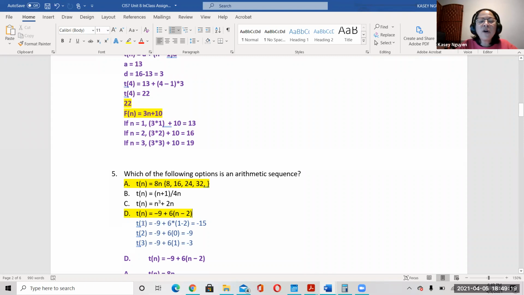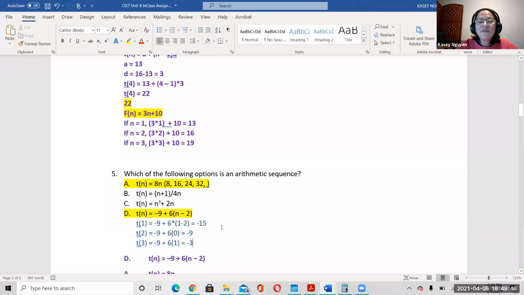For D, it is -9 plus 6 times n minus 2. So if you solve for T of n, where n is 1, 2, and 3, you're going to see a pattern. We go from -15, the next value is -9, the next value is -3, and after that it should be 3, I'm sorry, you add 6 as the difference.